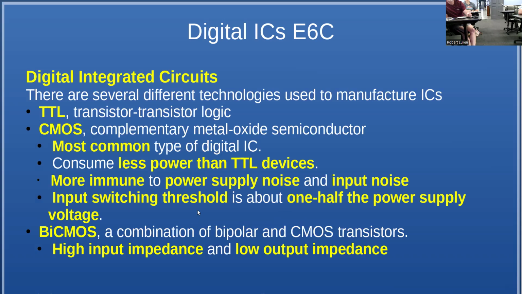There is a hybrid called BiCMOS, which is a TTL front end or a bipolar transistor front end with a CMOS output. So you get some of the low power from CMOS.